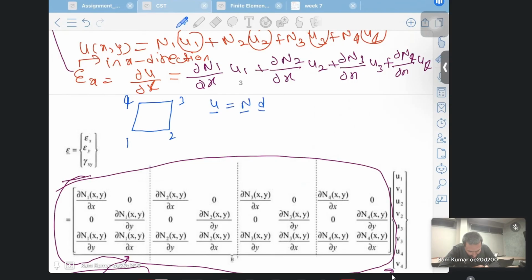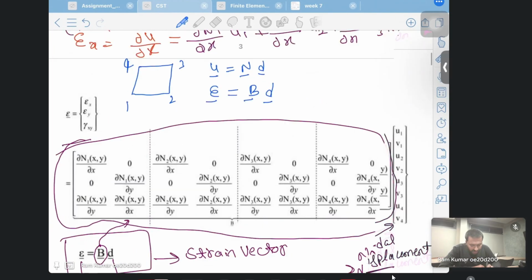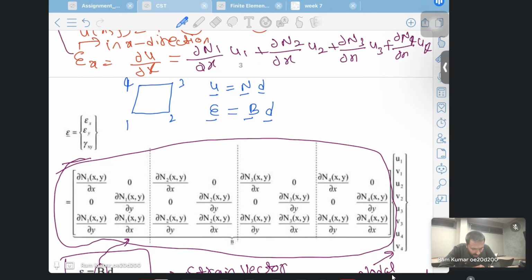Then what will be strain? So strain equal to B N d. But N will be this matrix, N1 0, this. Then what will be B? B will be this matrix, and d will be this matrix.